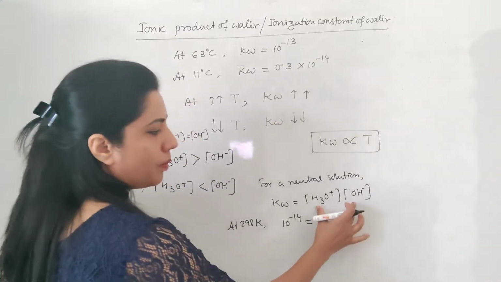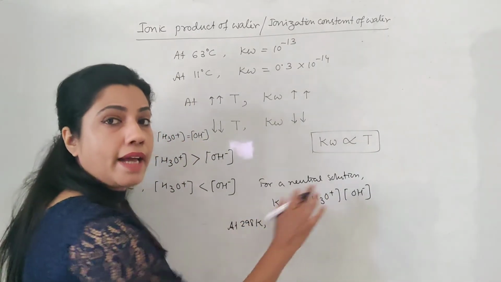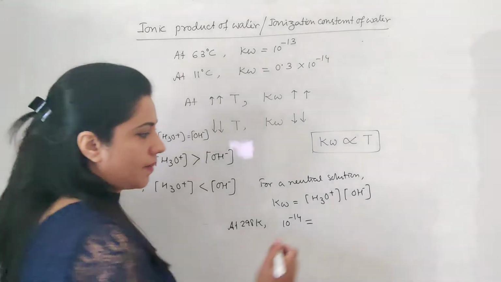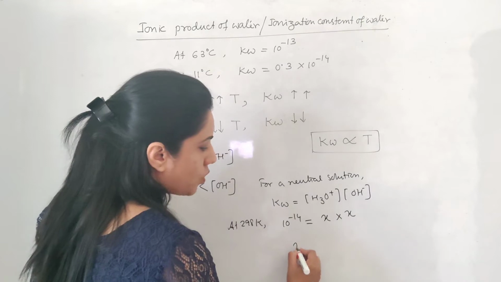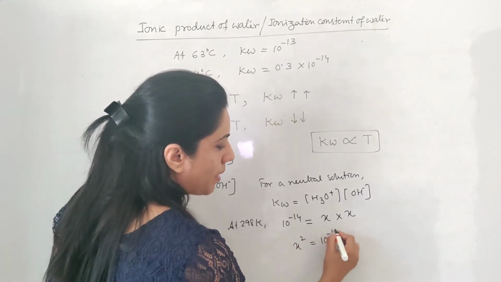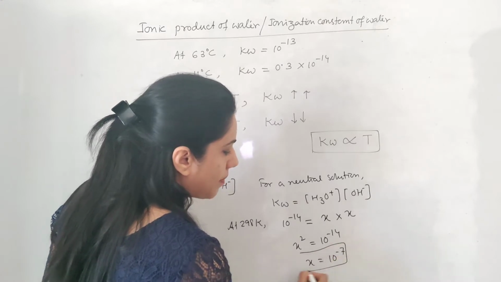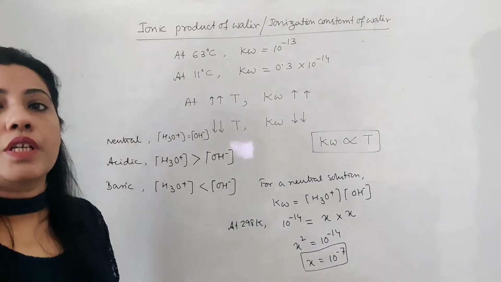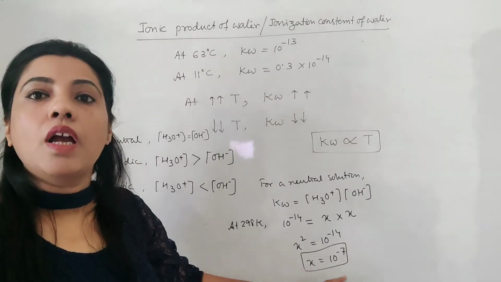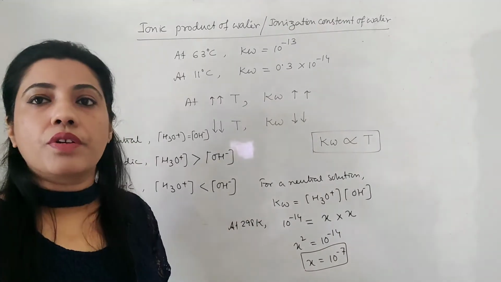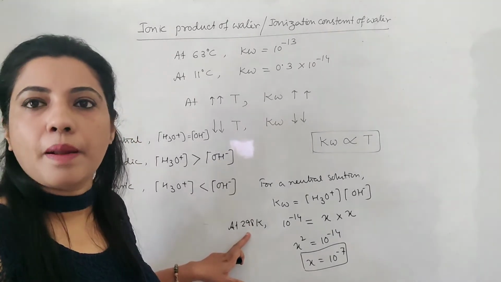Since we are talking about neutral solution, both the concentrations are equal, and say we take them as X. Concentration of H3O plus is X and OH minus is also X. So we get X squared is equal to 10 raised to power minus 14, or X is equal to 10 raised to power minus 7. That means that in a neutral solution, OH minus concentration is 10 raised to power minus 7 and H3O plus concentration is also 10 raised to power minus 7, but at 298 Kelvin temperature.